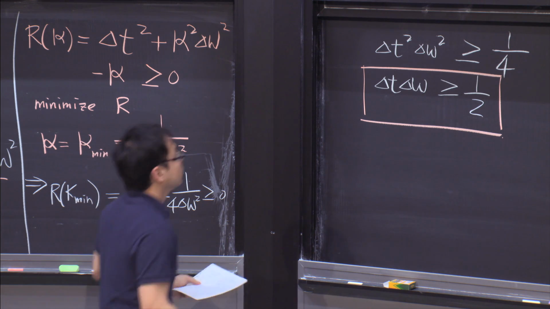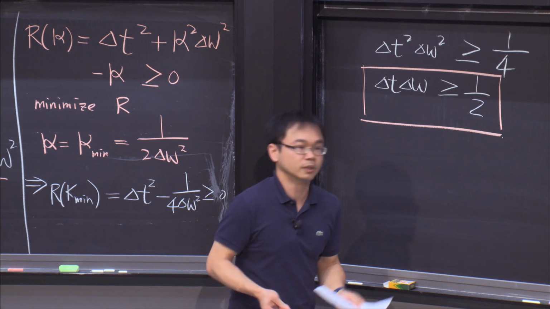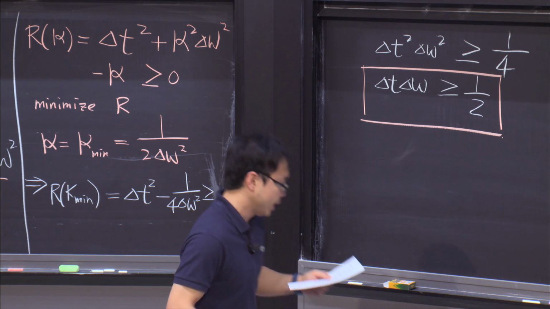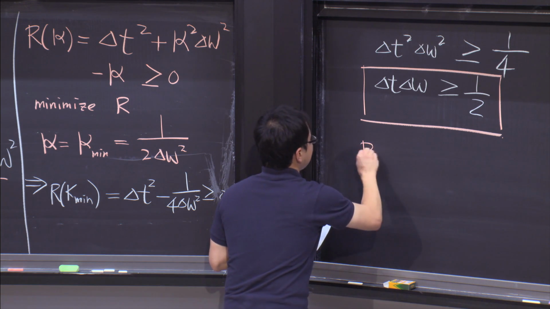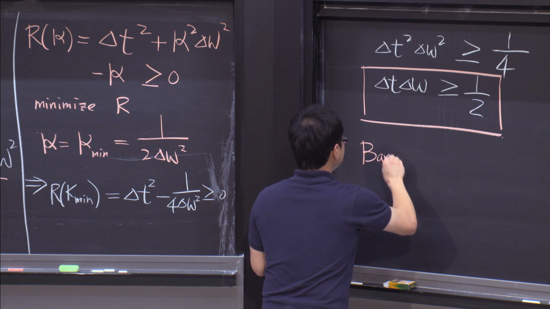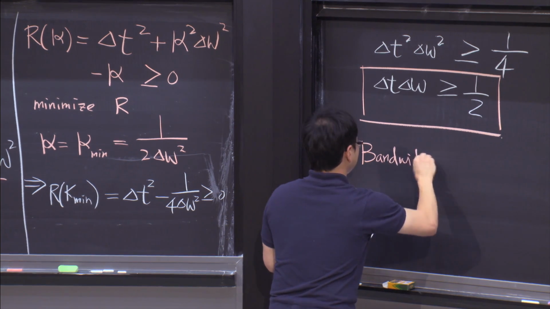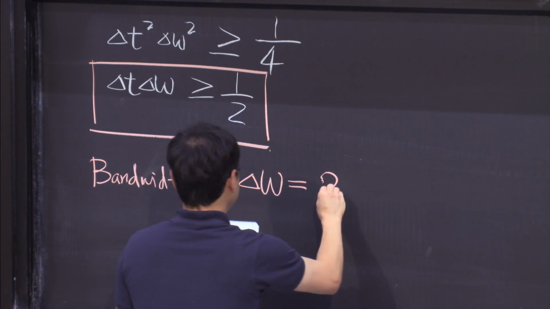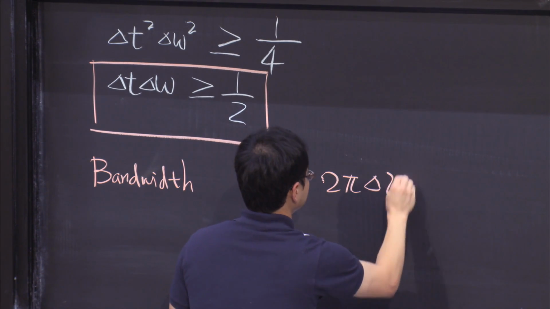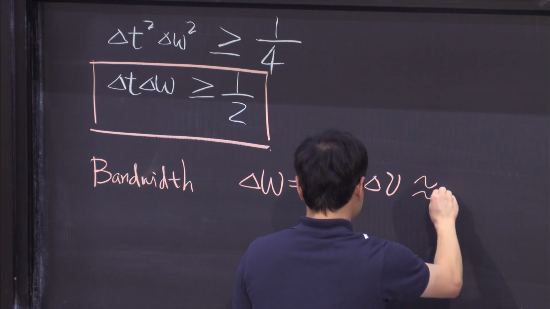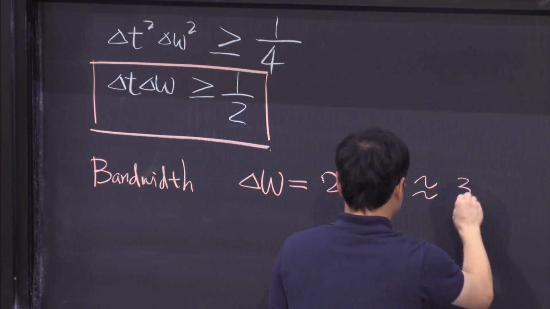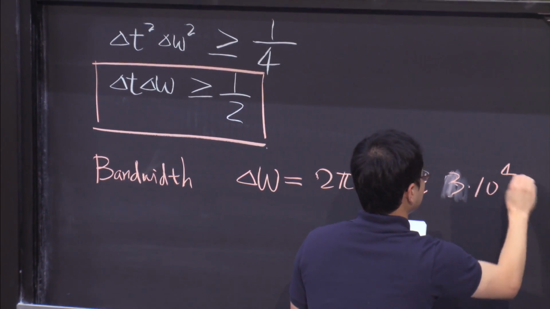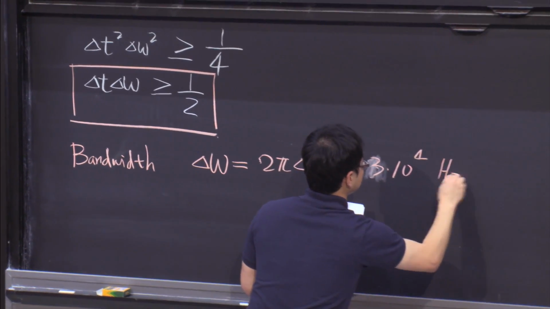Okay? And what is the consequence of this, for example, for the discussion of AM radio? If I have an AM radio with bandwidth, which means delta omega, this is actually 2 pi delta nu, and that is roughly something like 3 times 10 to the 4 hertz.